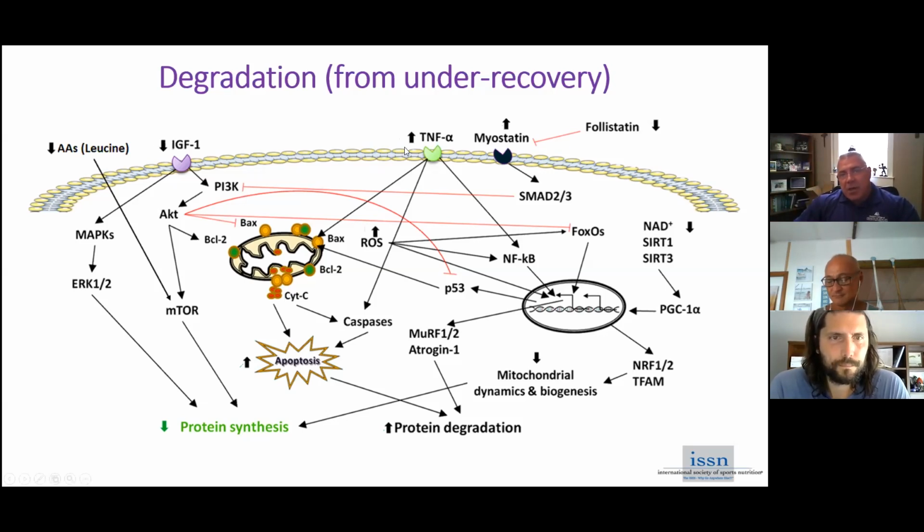Other factors that come into play: systemic inflammation, reactive oxygen species that can occur from various disease states, inactivity, just poor nutrition, if you will, can increase the levels of circulating pro-inflammatory cytokines. Tumor necrosis factor alpha is a biggie, and it will play a role in upregulating oxidative stress and cellular apoptosis.